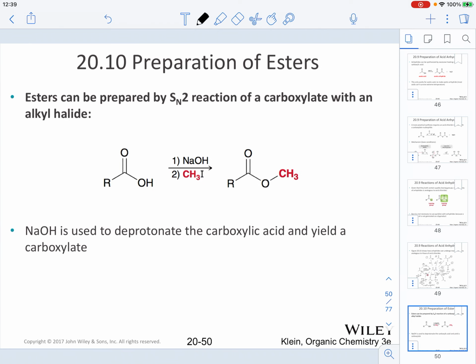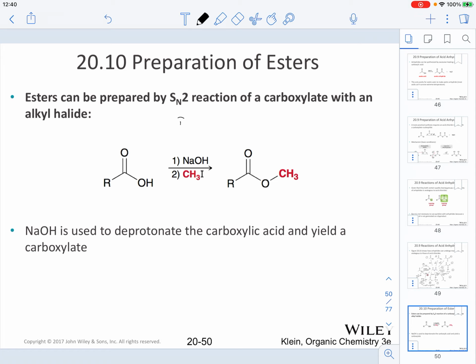Let's now talk about the preparation of esters. Esters can be prepared by SN2 reaction of a carboxylate with an alkyl halide. As you can see in the first step of the reaction, we are just going to add base to our carboxylic acid to produce a carboxylate. Once you have the carboxylate, that O negative in the carboxylate, I'm just going to draw out.